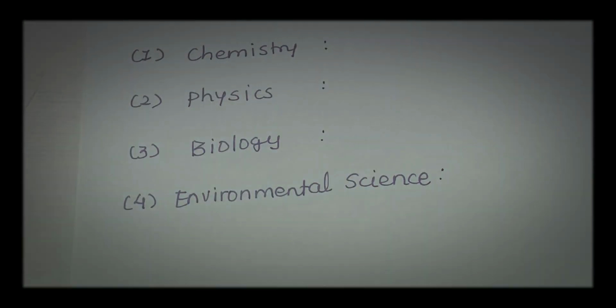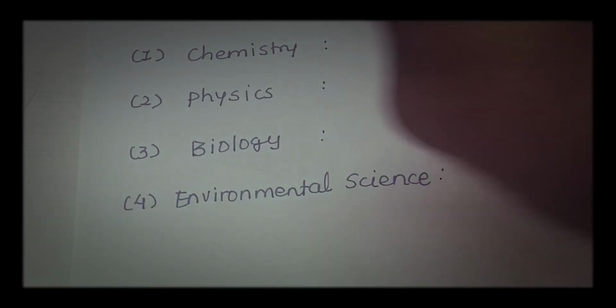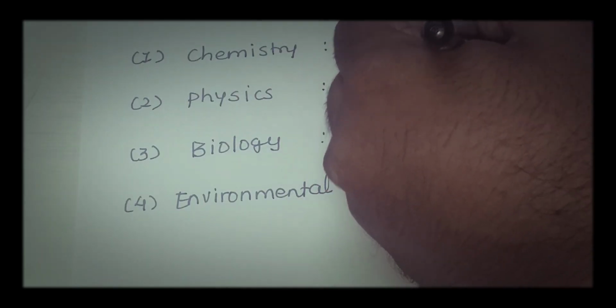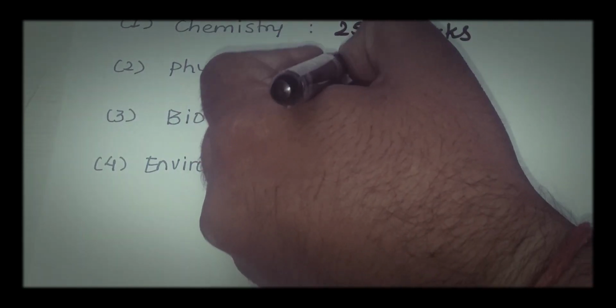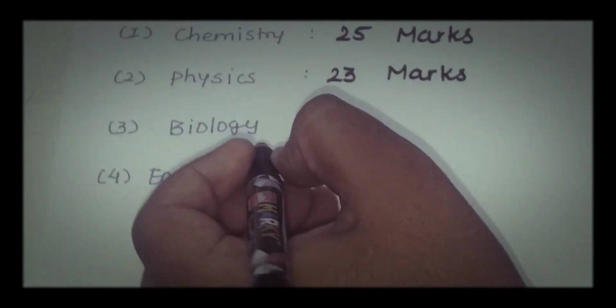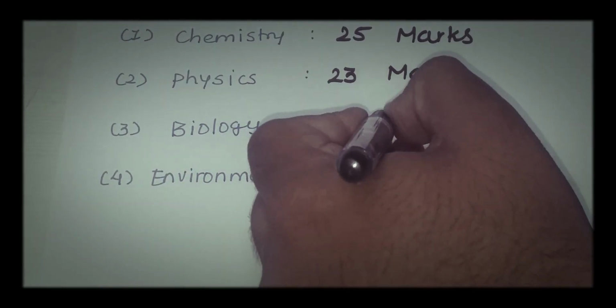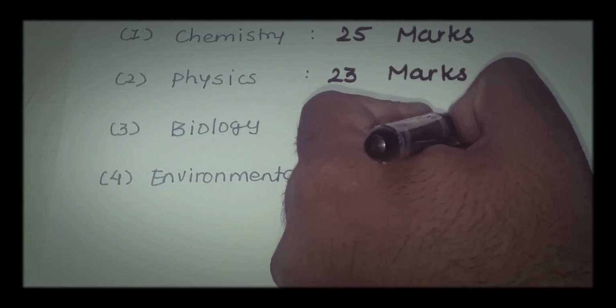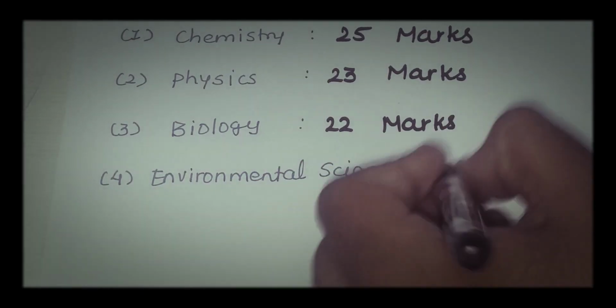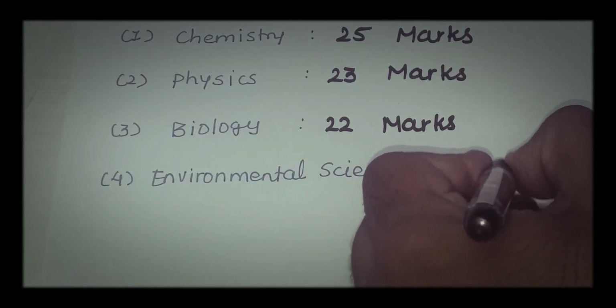So the weightage of chemistry is 25 marks total. Then physics is 23 marks. Biology is 22 marks. And last, environmental science is 10 marks.